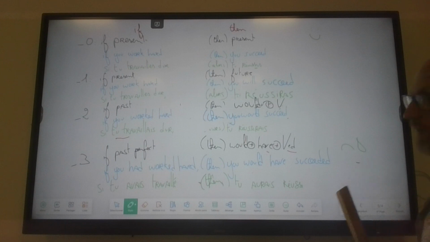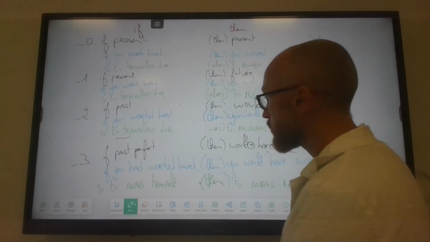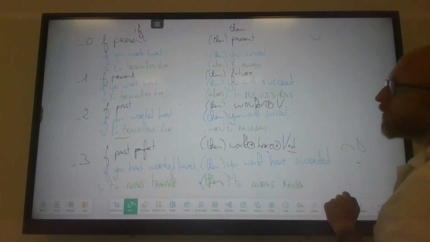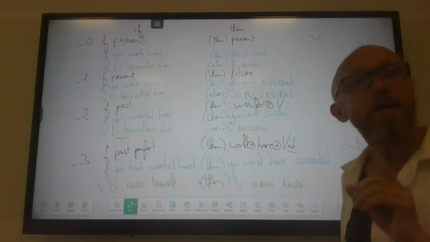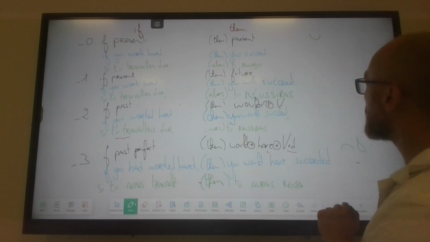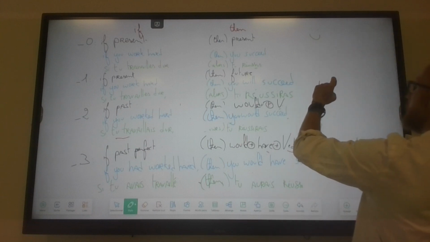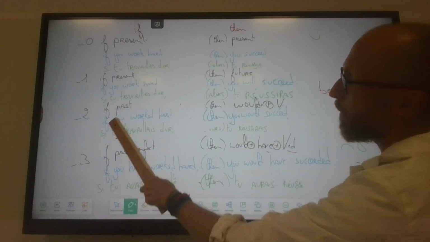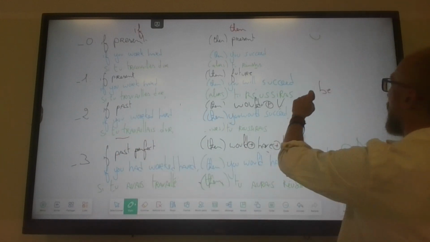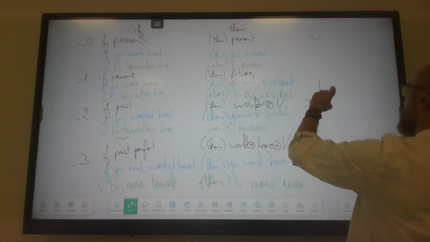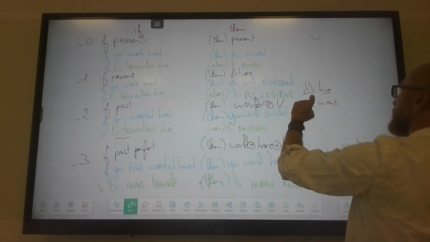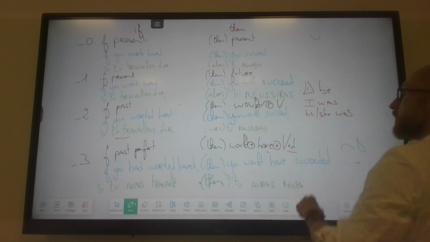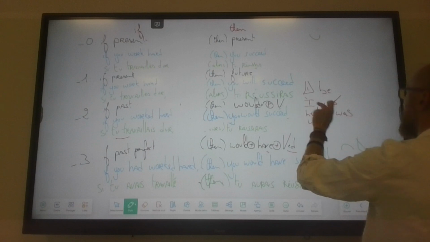And now, lastly, the two traps that I mentioned concern only the last two conditionals. What are they? This one is pretty simple and is actually good news. It's with the be verb. Usually, you know that in the past tense, the be verb goes I was, or he or she was, but not in the conditional, never.